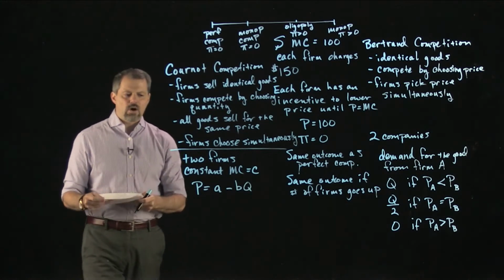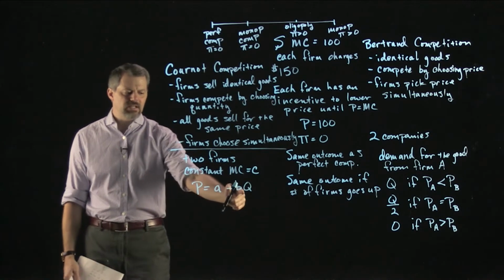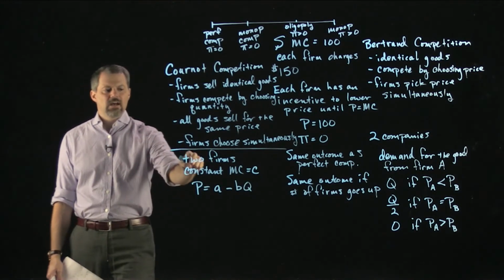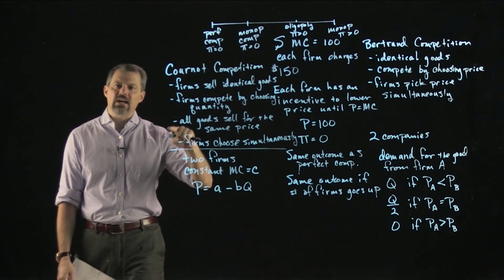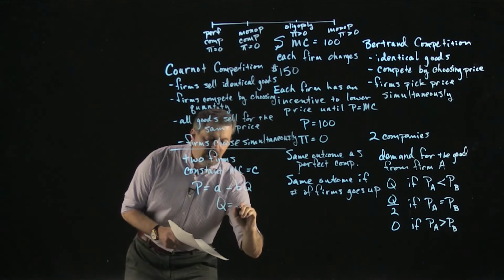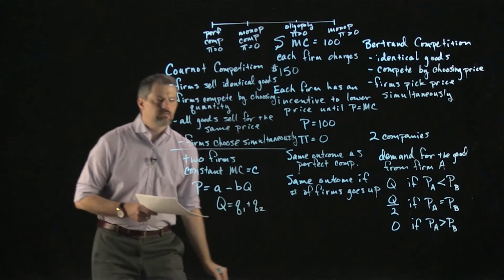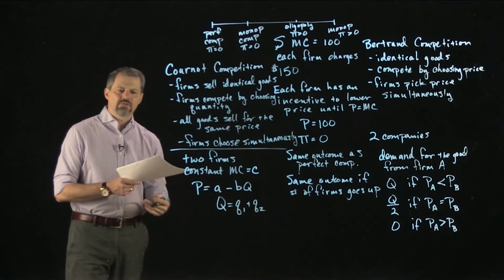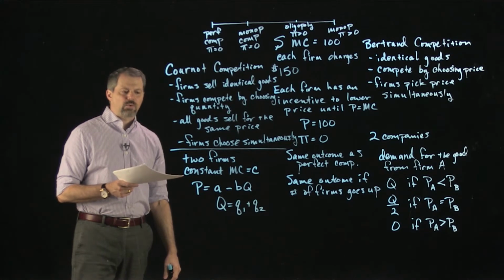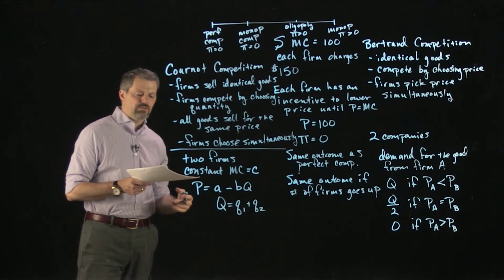Now, this is the market inverse demand curve. The total quantity that's sold in the market is going to be made up of how much firm 1 produces and how much firm 2 produces. So the total quantity, Q, we're going to write as little q1 plus little q2. So we can think about the profit for firm 1 and the profit for firm 2.